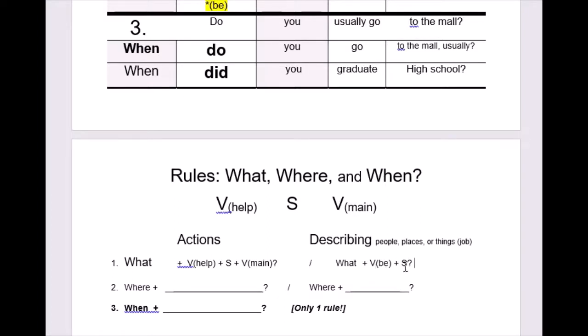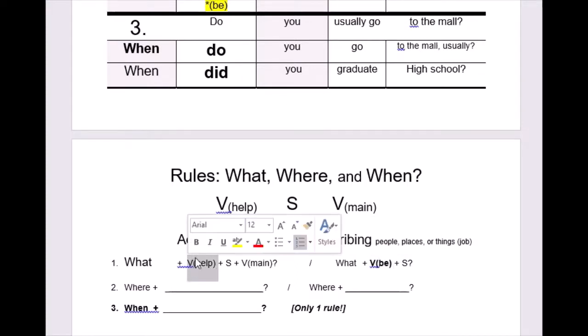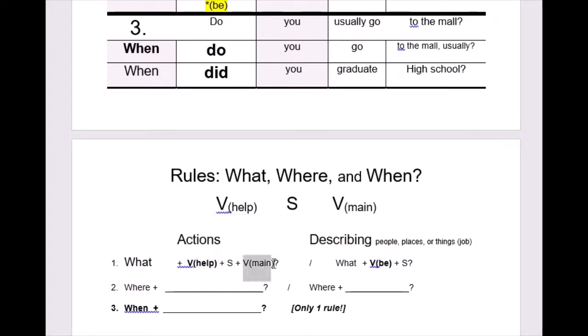What is your job? My job is a teacher, or I am a teacher, okay? So you can use what to describe things with verb be, or you can use what to ask about actions, okay?